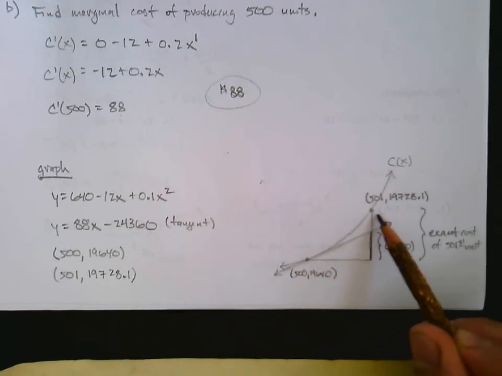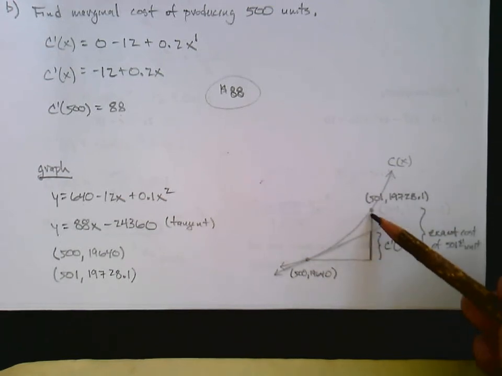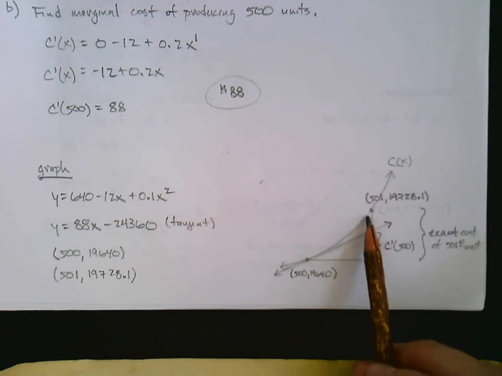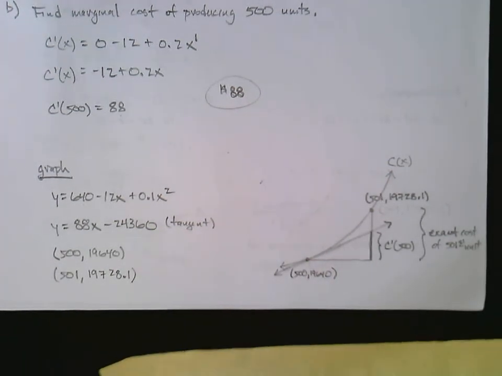If we were to draw this more accurately, it would be so close in there, because that was 88, and then there's that last 0.1, that last 10 cents is the gap. And so the derivative value passing through this point, that slope, it turns out, that's a very accurate approximation of that last unit.